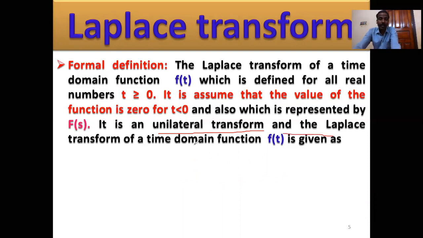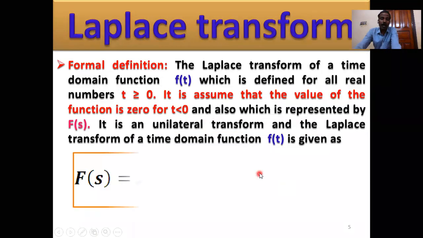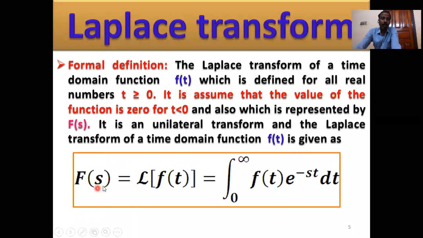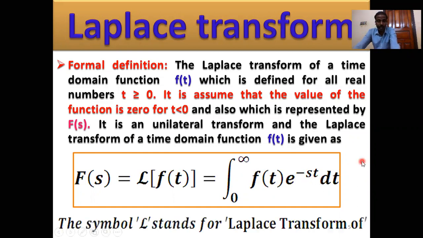And the Laplace transform of the time domain function f(t) is given by: Laplace transform of f(t) equals F(s) equals the integral from 0 to infinity of f(t) e to the power minus st dt, and the symbol L stands for Laplace transform of.